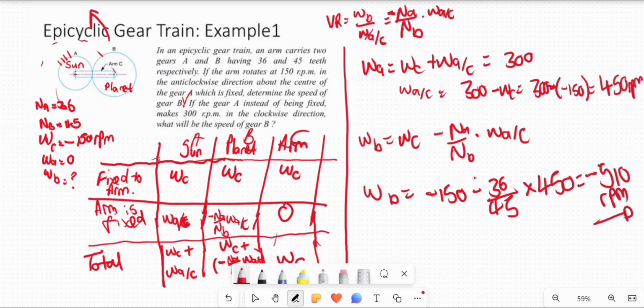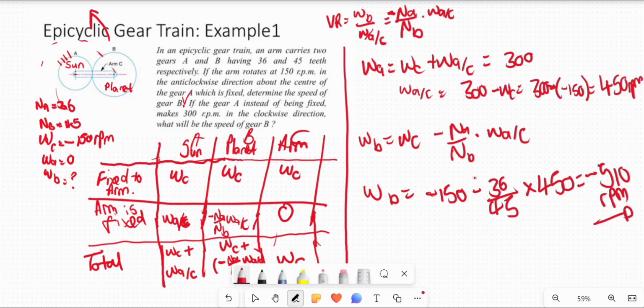Then the third step is that you add the velocities that you got at steps 1 and 2. For the sun, you get omega A is equal to omega C plus omega A with respect to C. This makes sense from relative velocities: it is true that omega A is equal to omega C plus omega A with respect to C. Go check that out on YouTube, but that's not really important here.